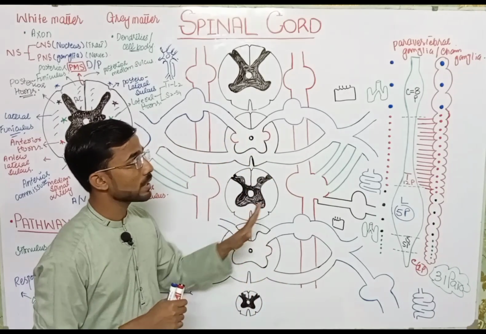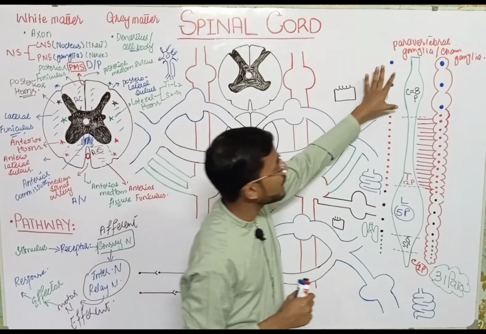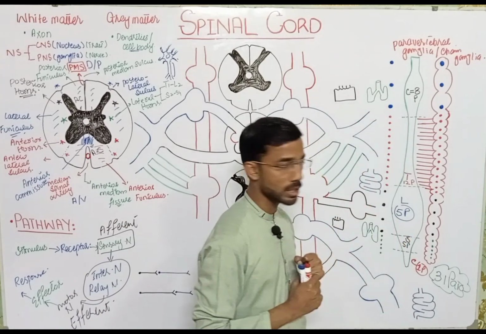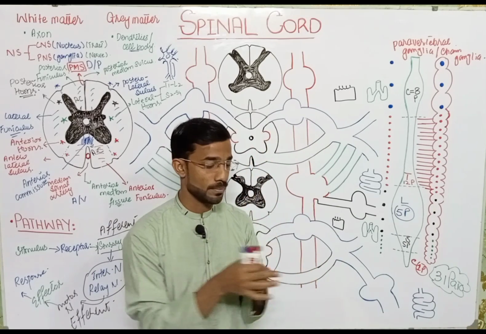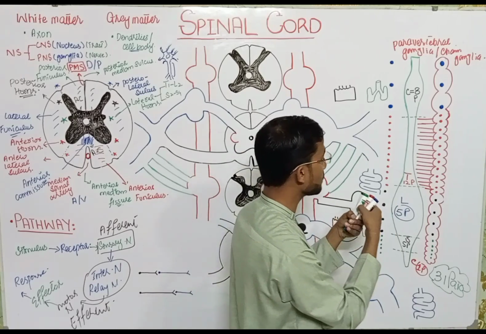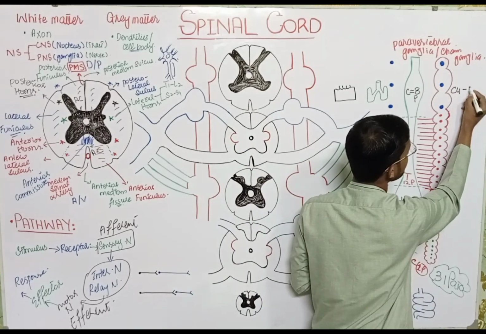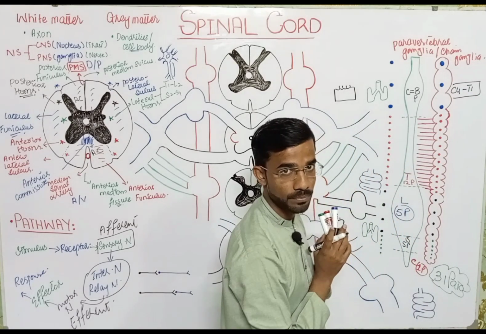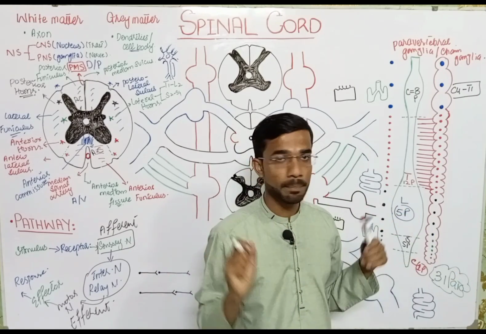Up till now, this is the spinal cord, and you will notice there are enlargements at the cervical region and at the lumbar region. Specifically, at the level of C4 to T1 you will see an enlargement, which is involved in the supply to the upper parts of the body.